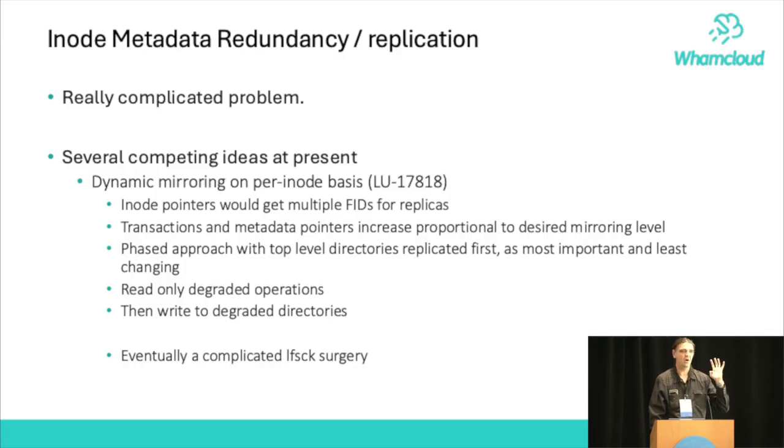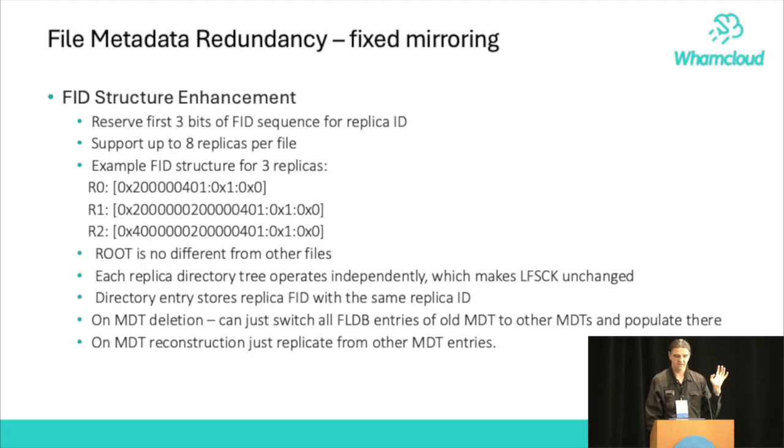You just select how many mirrors every metadata object gets. You don't store those mirrors separately. Instead, the FID structure would be adjusted, and the top 3 bits of a sequence would work as your mirror IDs. That would support up to 8 replicas per file.